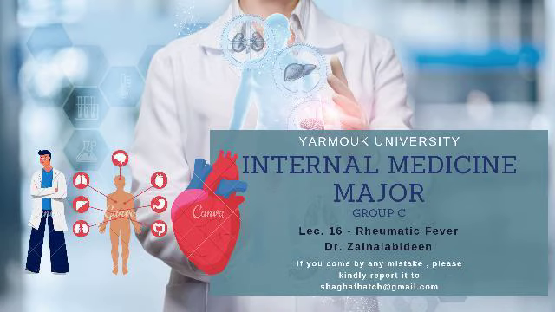Erythema marginatum is another criteria. Flitting polyarthritis and arthralgia. What is the meaning of flitting? Migratory. It migrates, usually the large joints. The large joints are involved in rheumatic fever.